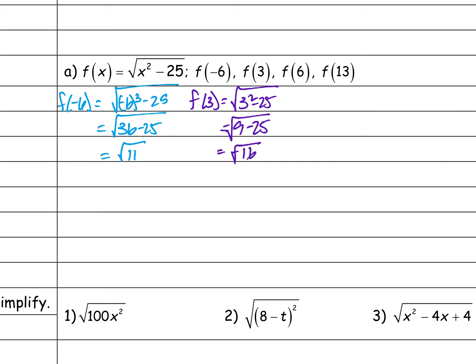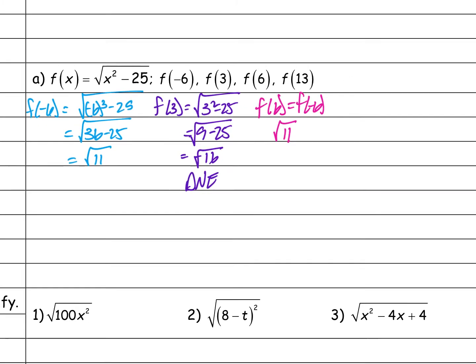Is that right? Yeah. Does not exist. F of 6 equals f of negative 6, which is the square root of 11. Boom. I didn't want to do the math again. It's the same, though, in this particular case.